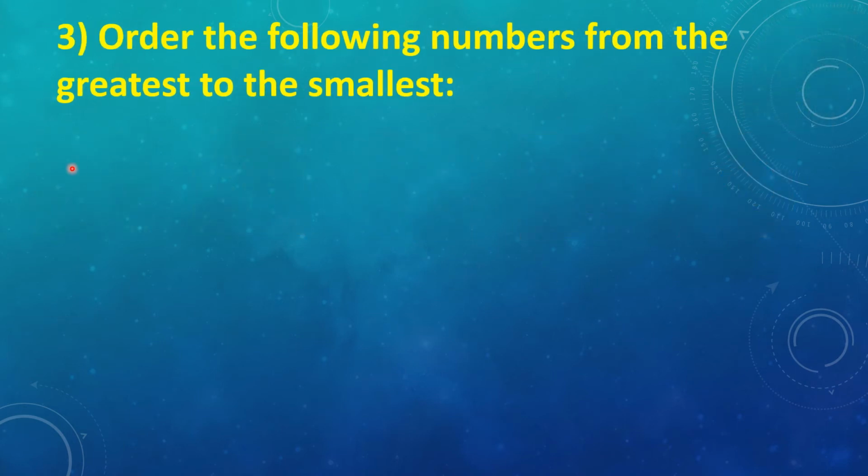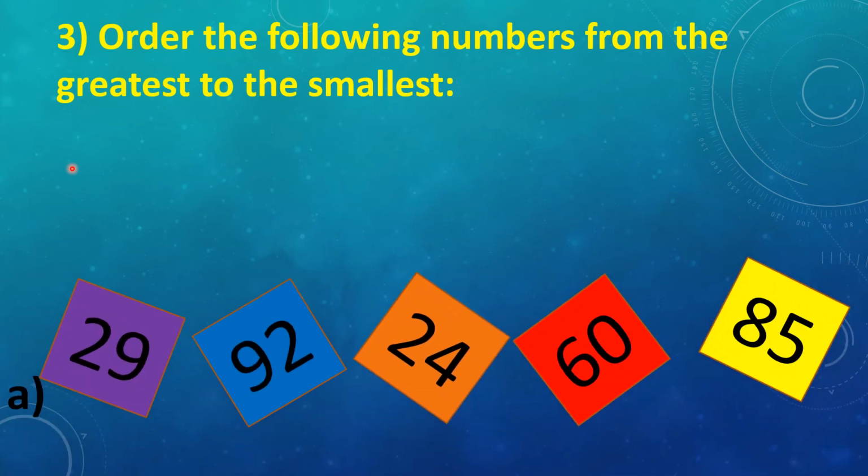Order the following numbers from the greatest to the smallest. Here we have 29, 92, 24, 60, and 85. As we said, we start by comparing the tens digit. Which is the greatest?